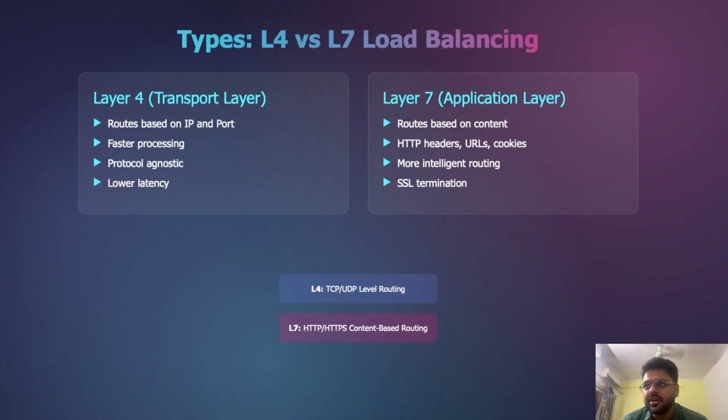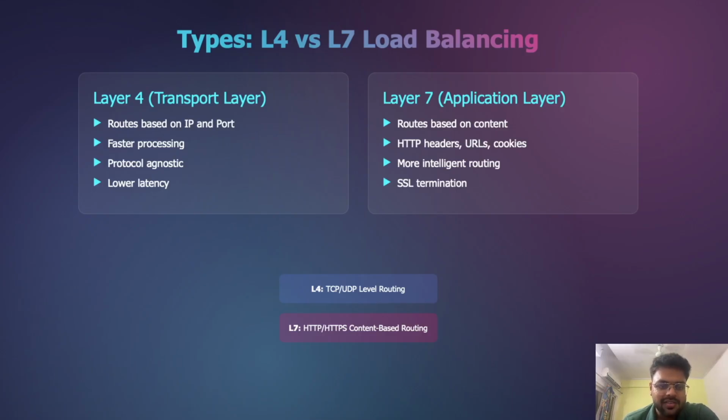You can think of L4 load balancing like an envelope where it is decided where to send it without opening the letter to see what the content inside is, on the basis of the headers, the port or the IP. We use L4 load balancing when we need to process requests faster, and it's also protocol agnostic. Protocol agnostic means that it works with any kind of traffic, and it also has lower latency.